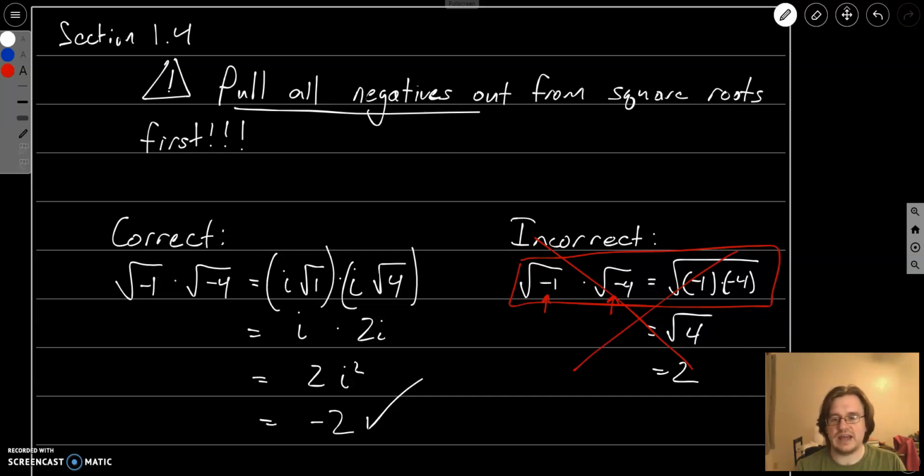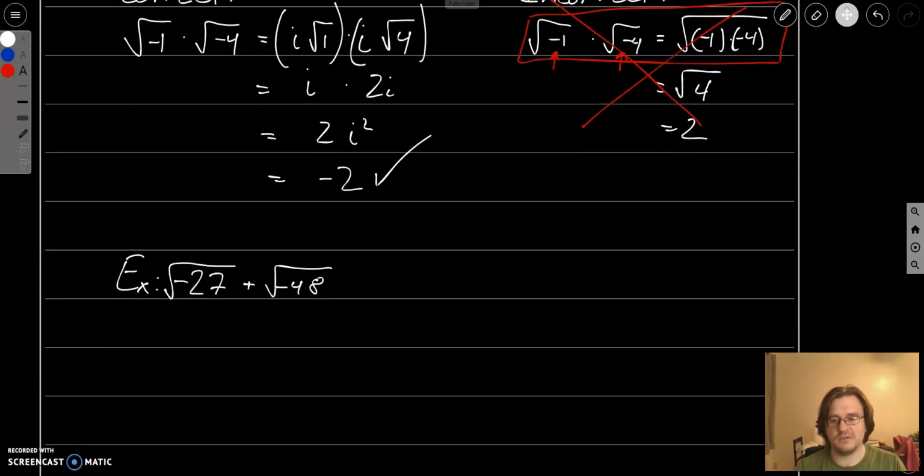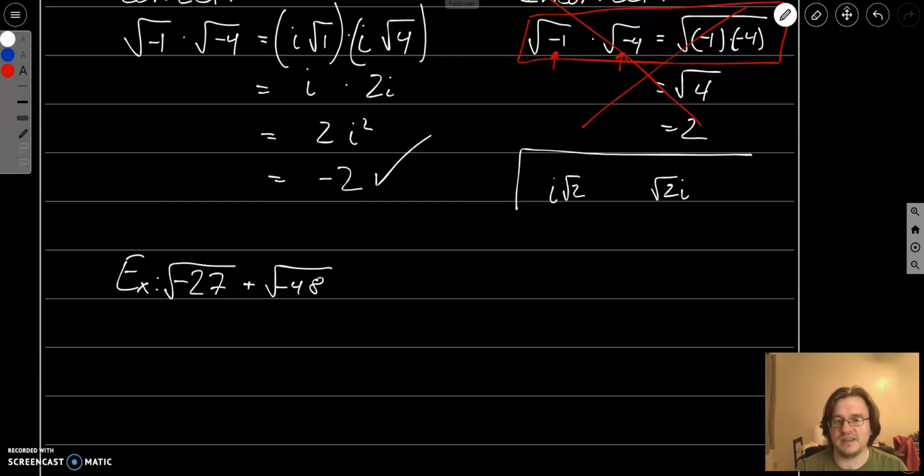Also, what you'll notice is that I'm writing i in front of the square root sign. This is just a helpful trick for the following reason. If I wanted to write i times the square root of 2, this is a little bit easier to read than writing the i after the root, because it's hard to tell if the i is underneath the square root or if it's not, and the two look very, very similar, and they mean very different things.